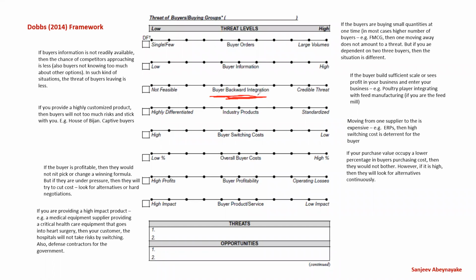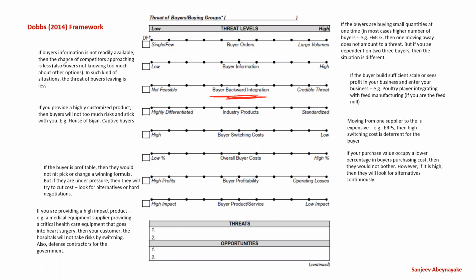What we mean by buyers' backward integration is that, let's say I'm a raw material supplier to XYZ company who buys from me, they will say, okay, my critical mass is very high. There's no point in me buying from someone. I can get into that business. I have seen that happening in the poultry industry.